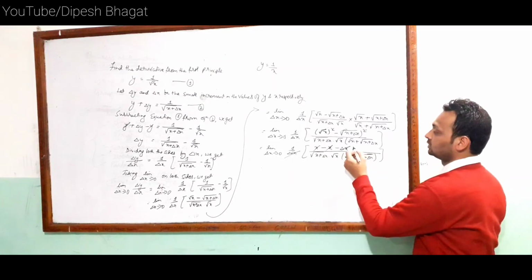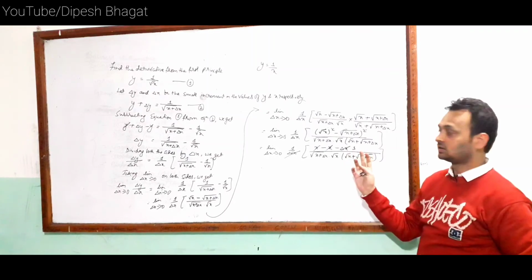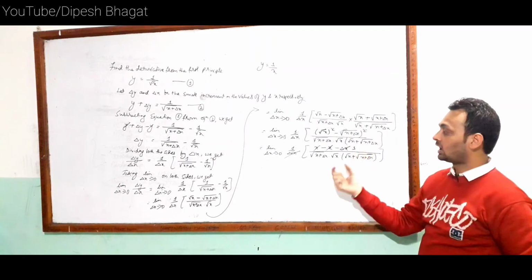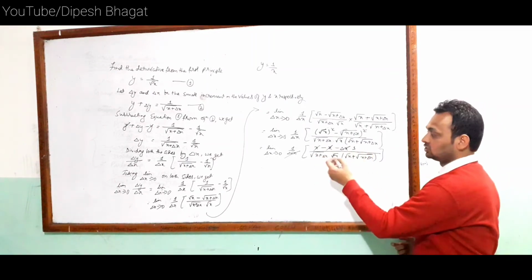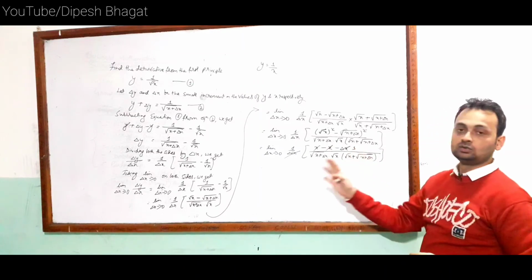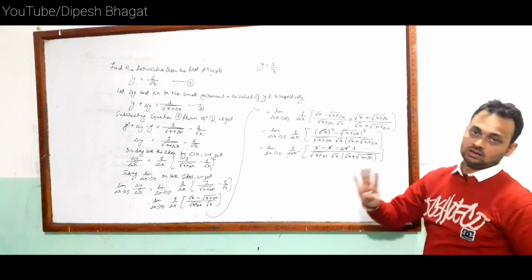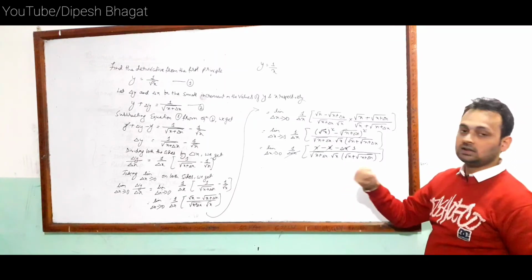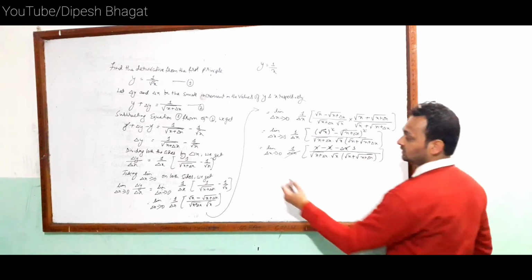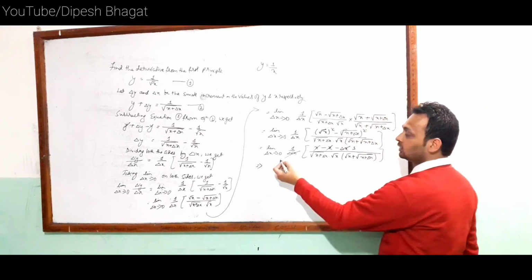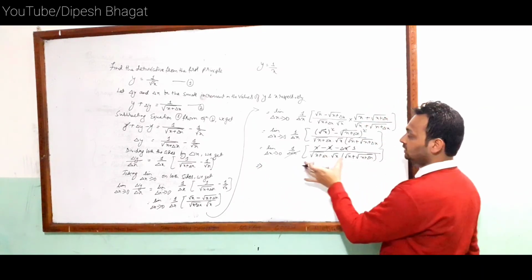So what is left now? Minus 1. Now in this equation, the delta x is no more in the denominator, so we are definitely not going to get infinity or infinity by infinity form. So now after this step, we are going to put the value of limit delta x equals 0 in the following part.